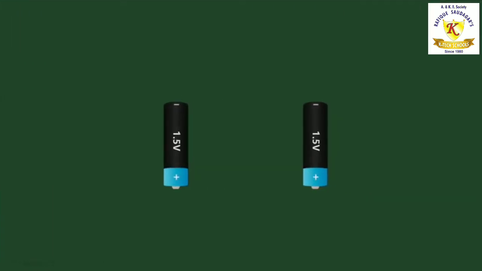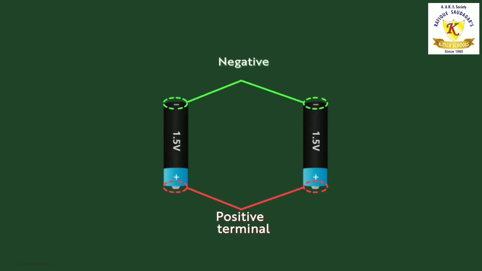Take two 1.5 volt electric cells. The region with the metal cap is the positive terminal of the cell, and on the opposite side, the region with the flat metal base is the negative terminal of the cell.